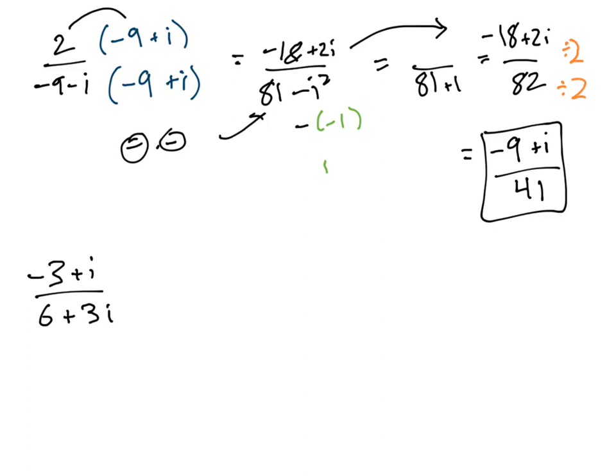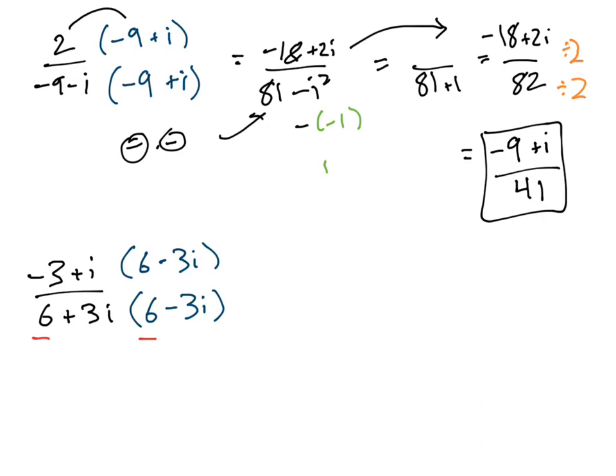In this final example that we'll look at, notice that we have 2 terms in our numerator. So that means that when we multiply times the conjugate into the numerator, we'll need to distribute and multiply all of these terms together. In our denominator, though, we can still use our shortcut for multiplying by the conjugate.